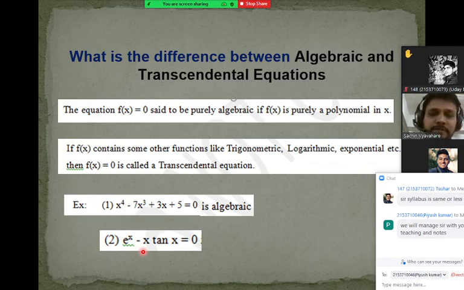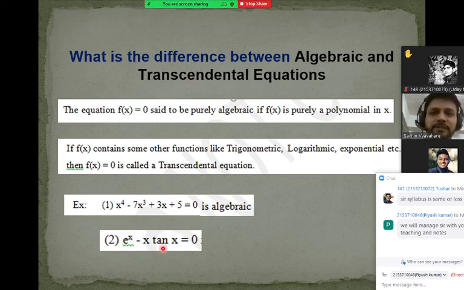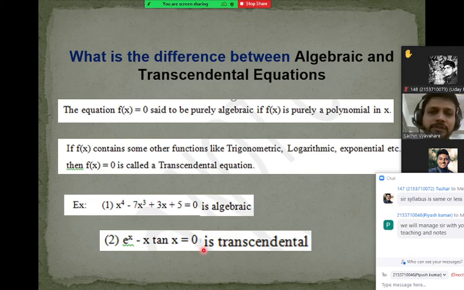Is it algebraic? This equation is not algebraic. This is a transcendental equation as it contains exponential and trigonometric terms. That was the second example.